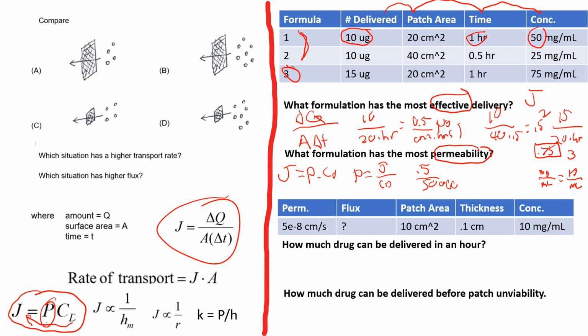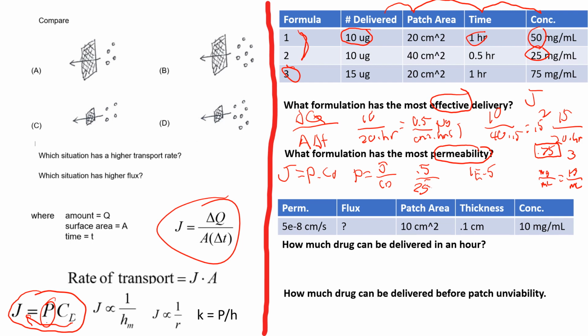So 0.5 divided by 50,000, I believe this is 1 to the negative fifth. It's a 1 following 4 zeros. We'll do 1e negative 5. Since the flux is the same for system 2, I'm just going to leave that 0.5 there. However, the concentration for formula 2 is 25, so we'll have 25 milligrams per milliliter.